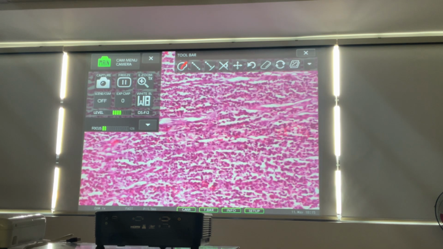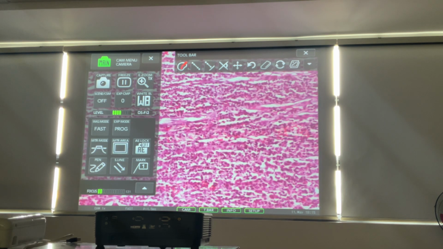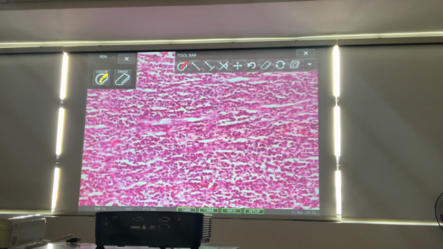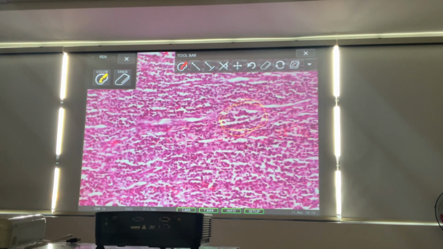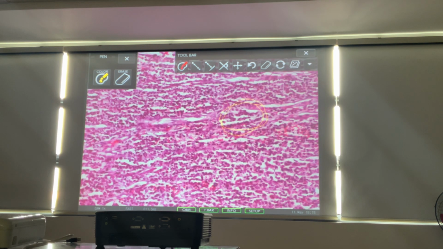Okay, so take this one for example. If you look at this one, that is a renal tubule that is stretched out, and inside you would see inflammatory cells.